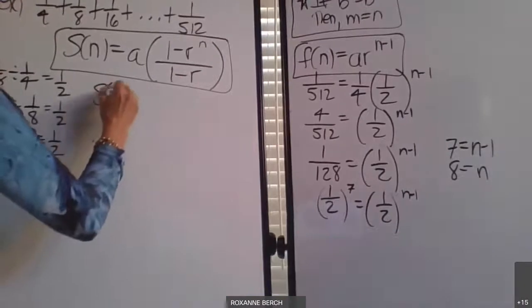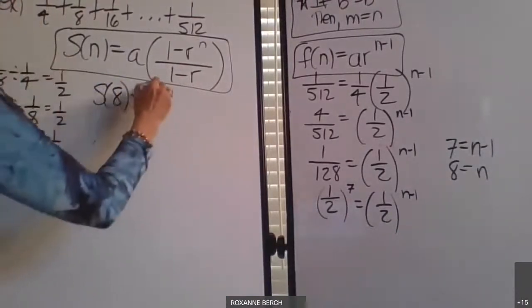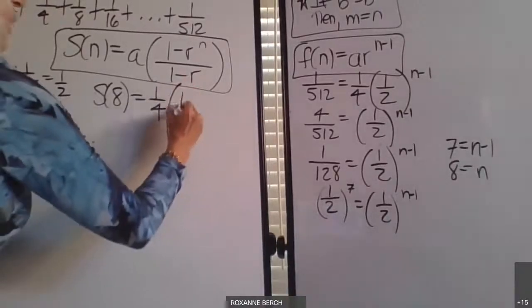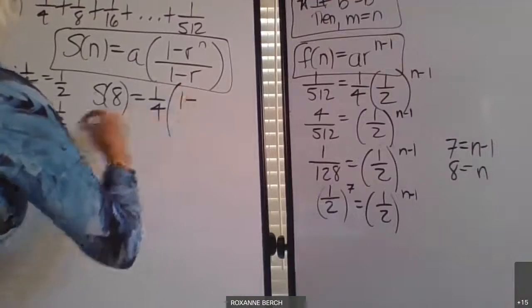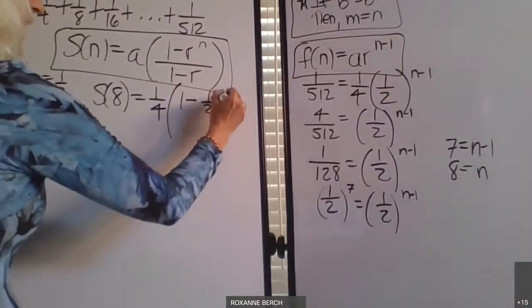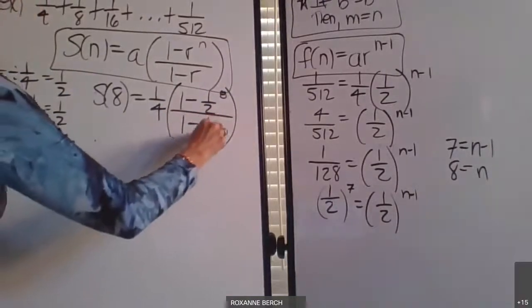So we have S of 8 is equal to the first term times 1 minus 1/2 to the 8th, divided by 1 minus 1/2.